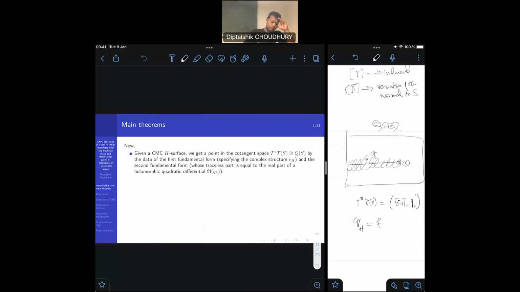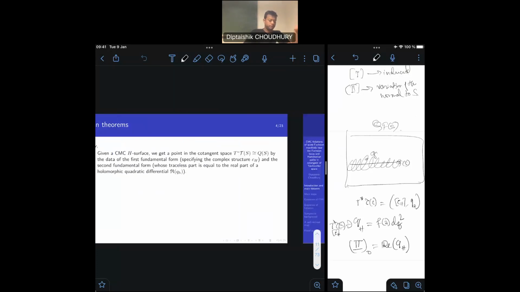Quadratic differentials are objects that locally look like f(z) dz squared, and they define cotangent vectors to the Teichmuller space at the given point. So given the data of a CMC surface, the traceless part of the second fundamental form gets identified to the real part of a quadratic differential, and this is the quadratic differential that you get out of a CMC-H surface. And of course, the induced metric up to equivalence gives you a point on the Teichmuller space.